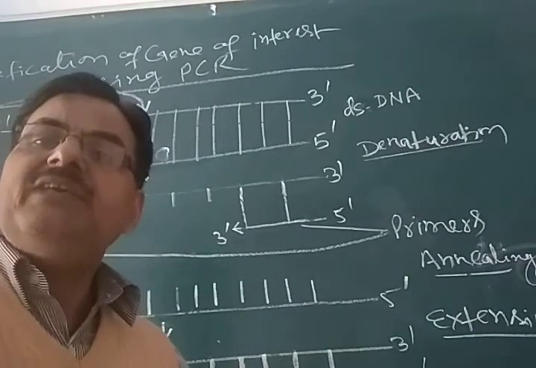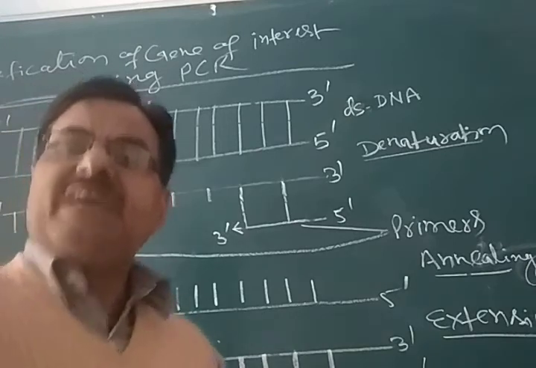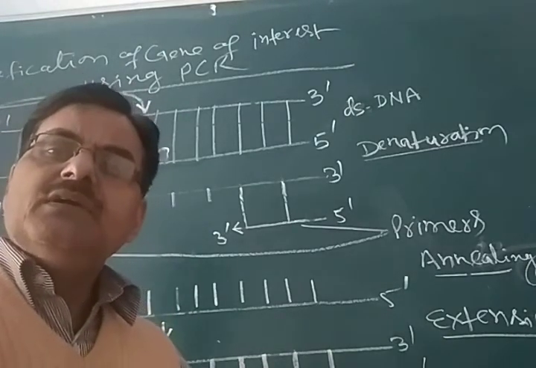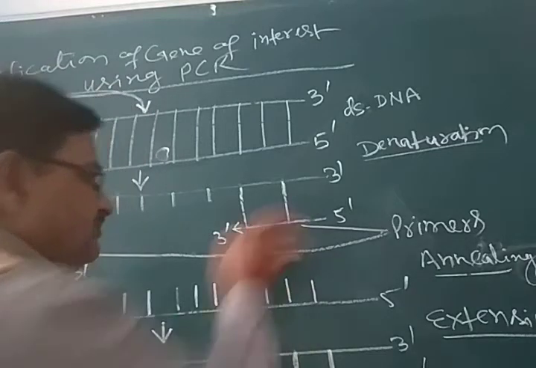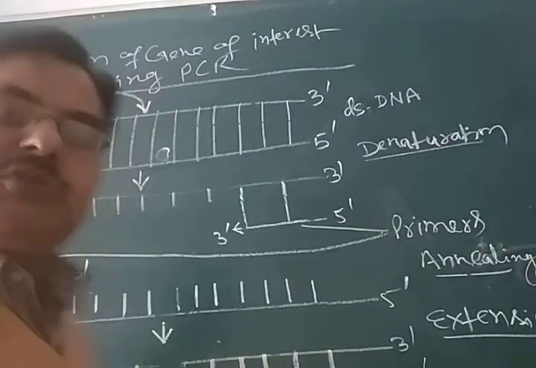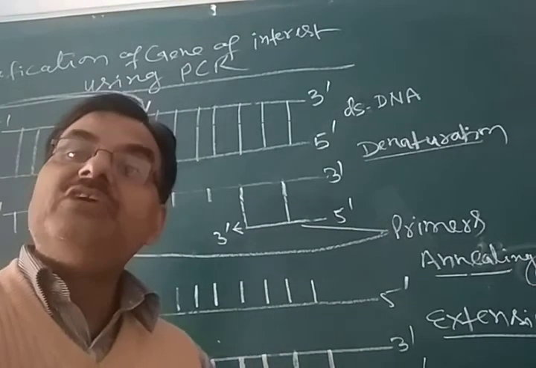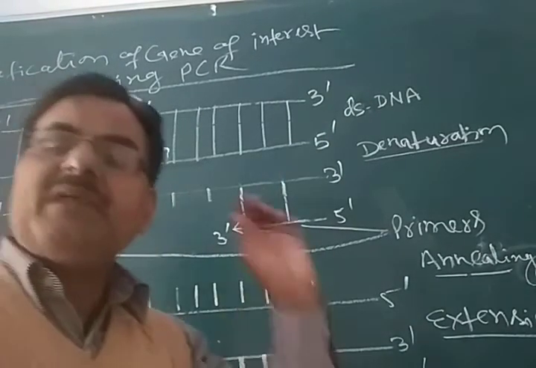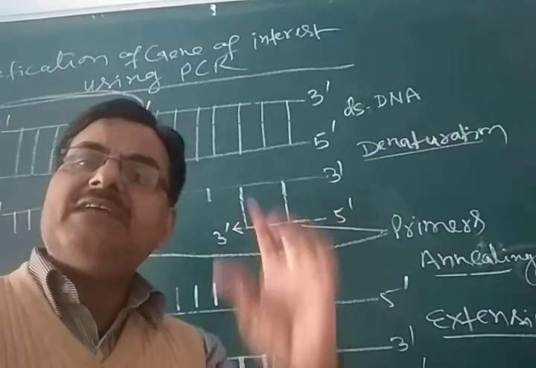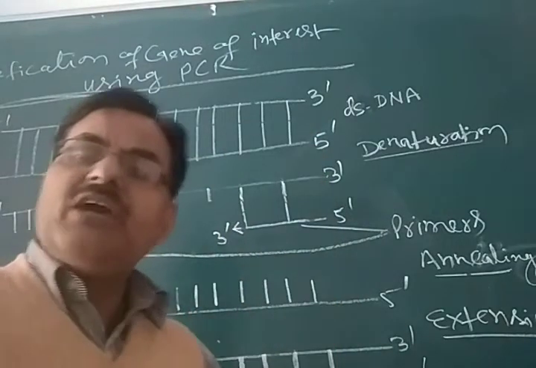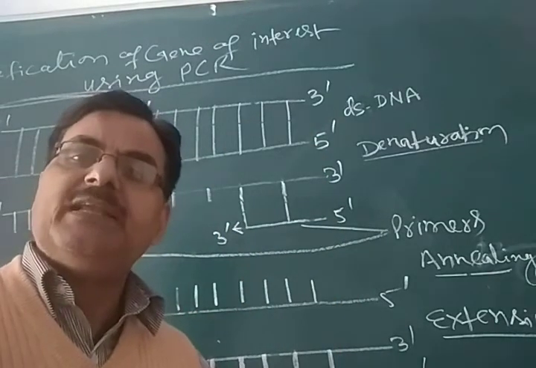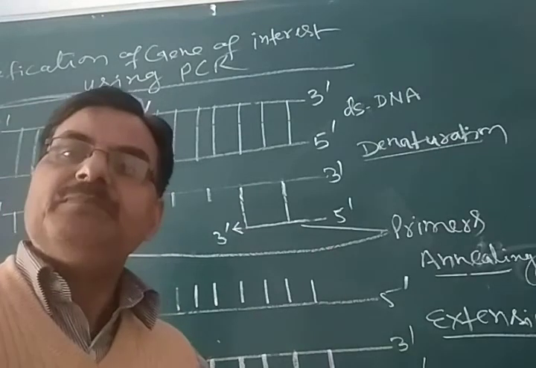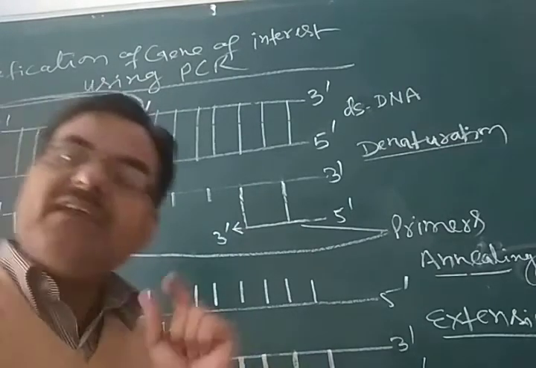They are mainly oligonucleotides, having a small number of nucleotides, up to 10. We require these primers because during replication we require an origin of replication. There is no origin of replication here. We have only a desired gene or piece of DNA that we are going to amplify. So to initiate the process of replication, it requires the primer.